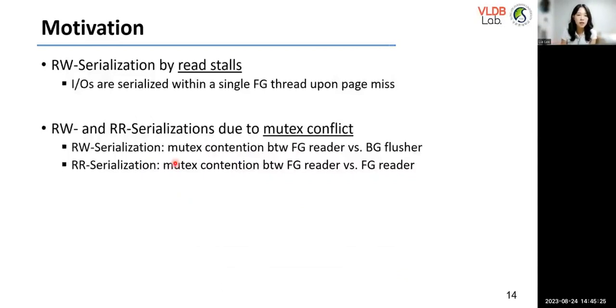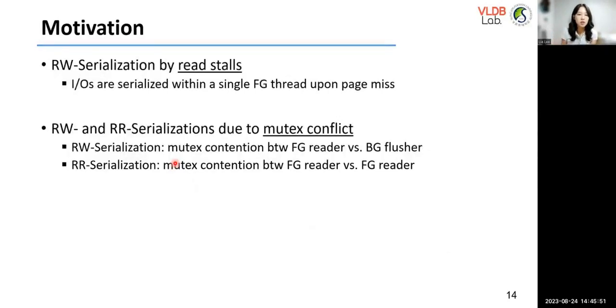So to summarize, the current database system serializes I/O requests due to read stall and mutex conflict, and in this paper, we define 3 types of I/O serializations accordingly. The first is read-write serialization by read stall, a type of serialization that occurs within a single foreground thread upon page miss.